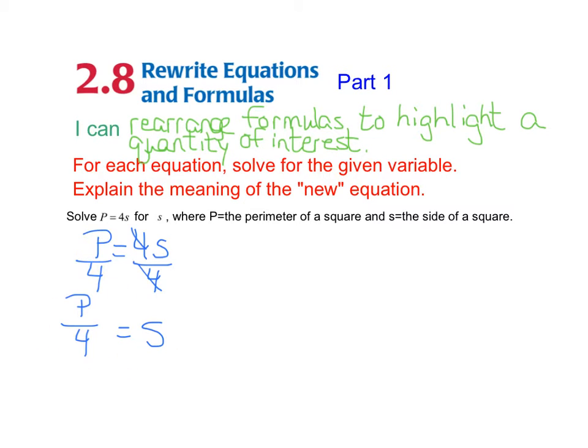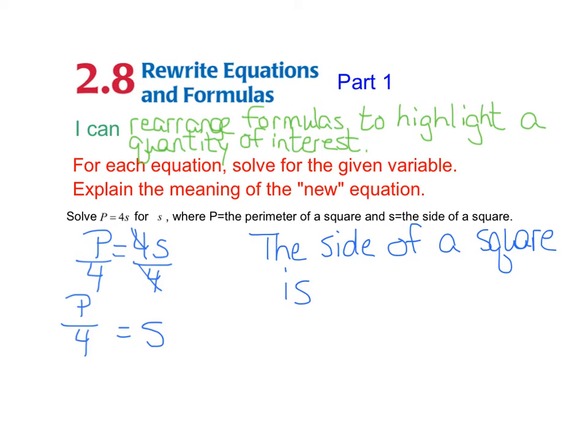Well, it isolates S, so it's telling us that the side of a square is what? What does this over here mean? The side of a square is P over 4.